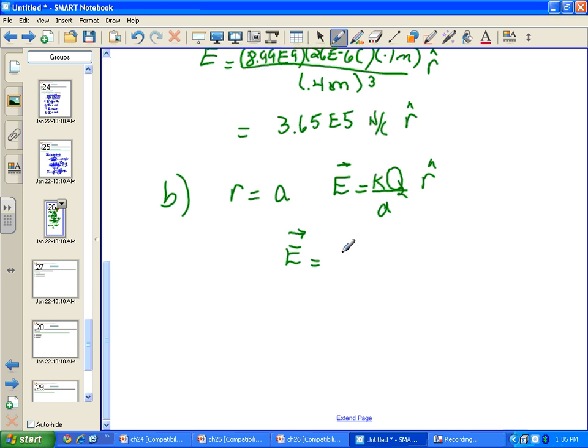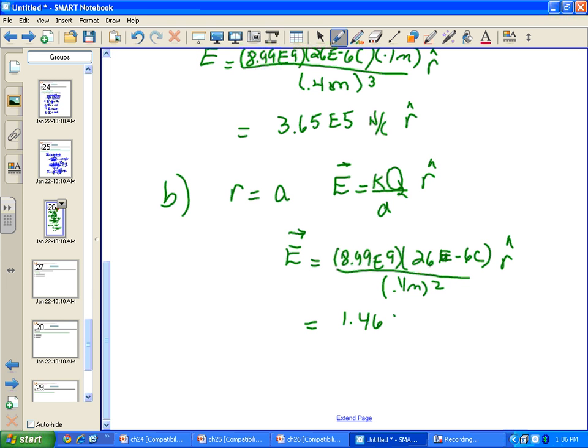All of the charge of the sphere is within our Gaussian surface, and so we can find the electric field, and in fact we'll find that it's the maximum value of the electric field. 8.99 e to the 9 times 26 e to the minus 6, we'll go ahead and write it with powers of 10, divided by 0.4 meters, the whole thing squared. And this gives us a value of 1.46 e to the 6 newtons per coulomb.